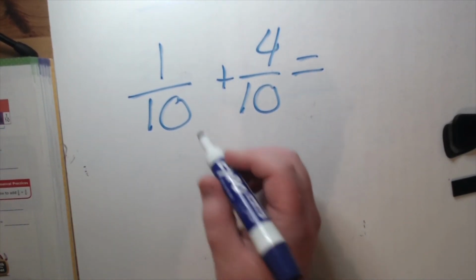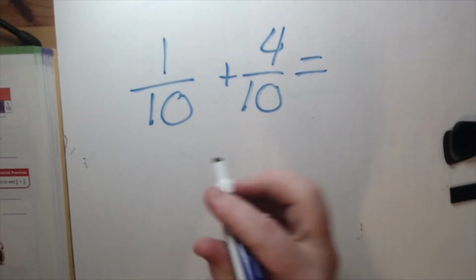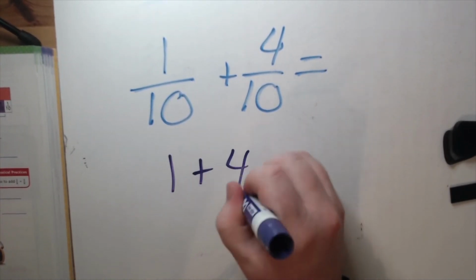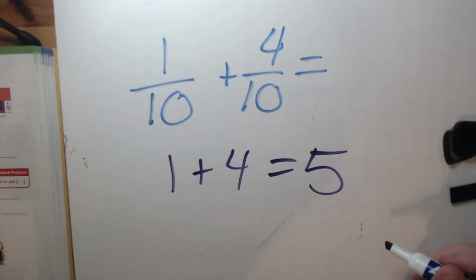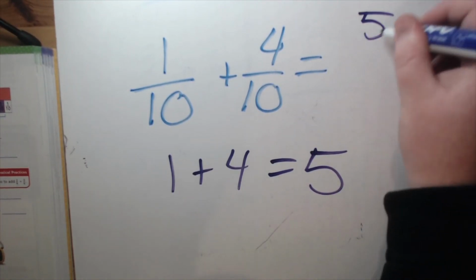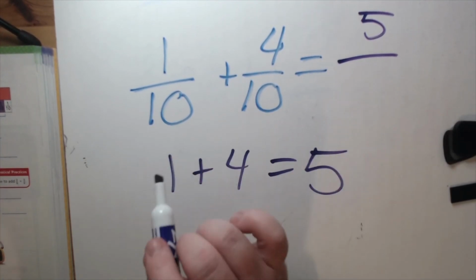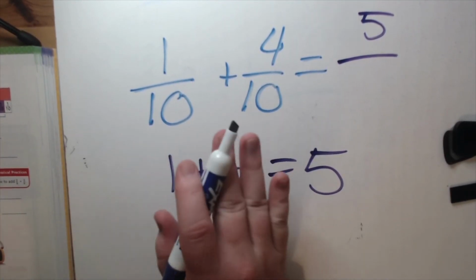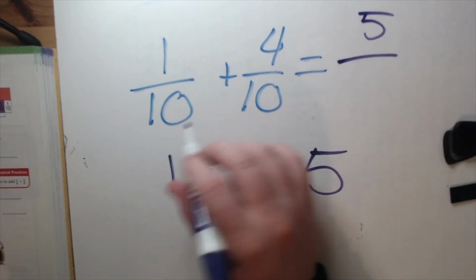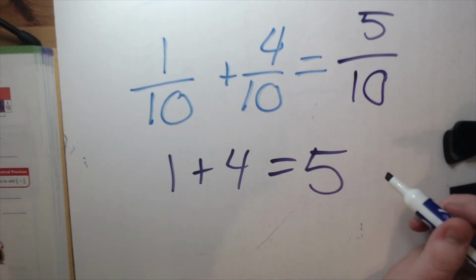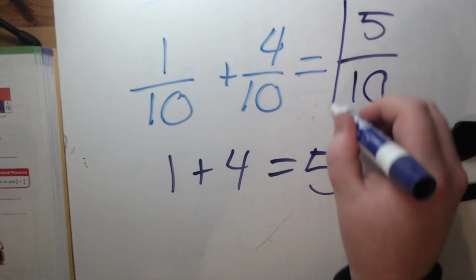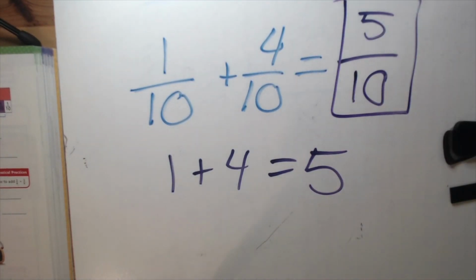If we just focus on the numbers, 1 plus 4, I know 1 plus 4 equals 5. Okay? So I'm going to put a 5 right here. And I know my denominator is something I never ever add together. So 10 plus 10, you're not adding those. Your denominator stays the same. So you get 5/10. 5/10 is your answer.